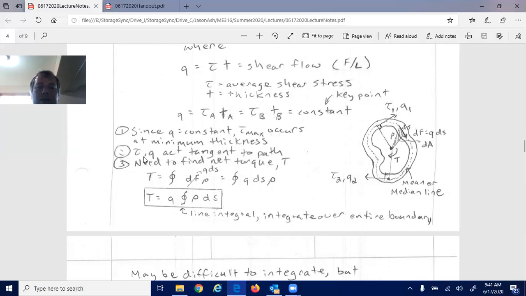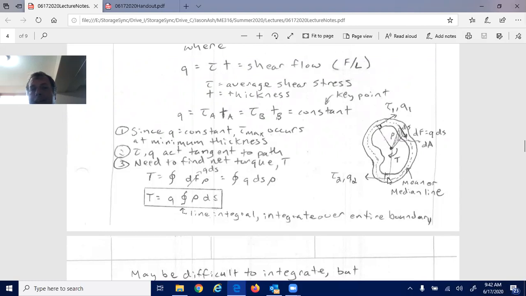Also, your shear stress and your shear flow act tangent to the path. I've shown that here on this figure. I've just drawn a random figure, and then at a given point, your shear stress, tau_1, and q_1 are going to act tangent to the path. So you know the direction that they're acting under this torque. I did the same for tau_2, just drawing another location down there.